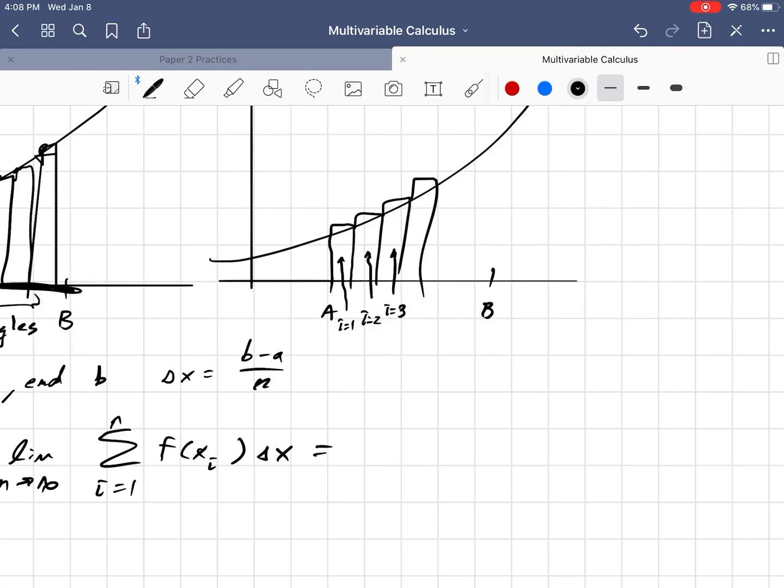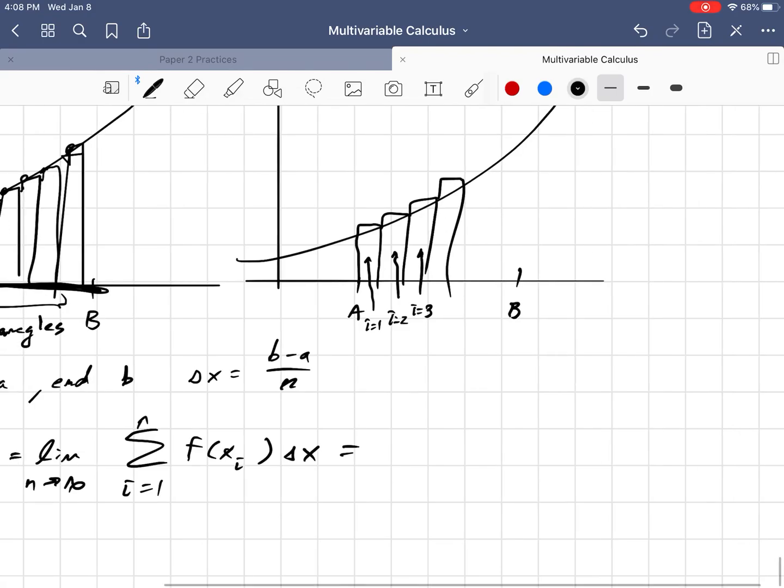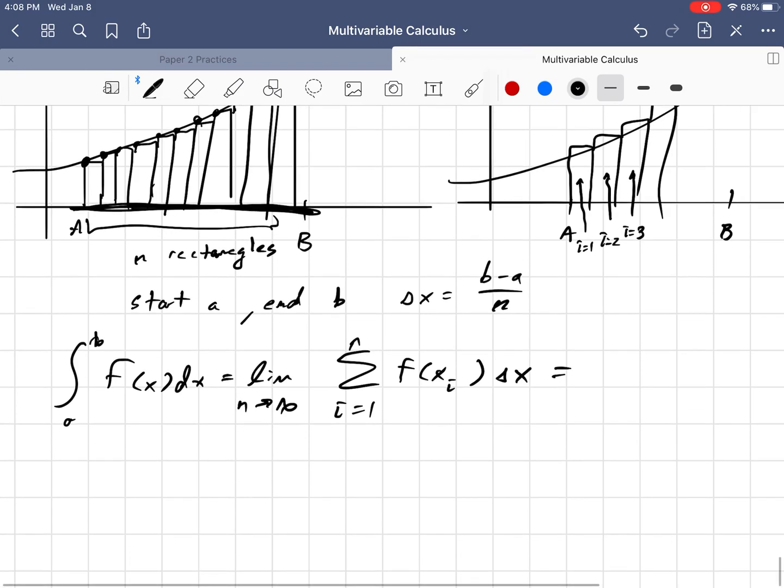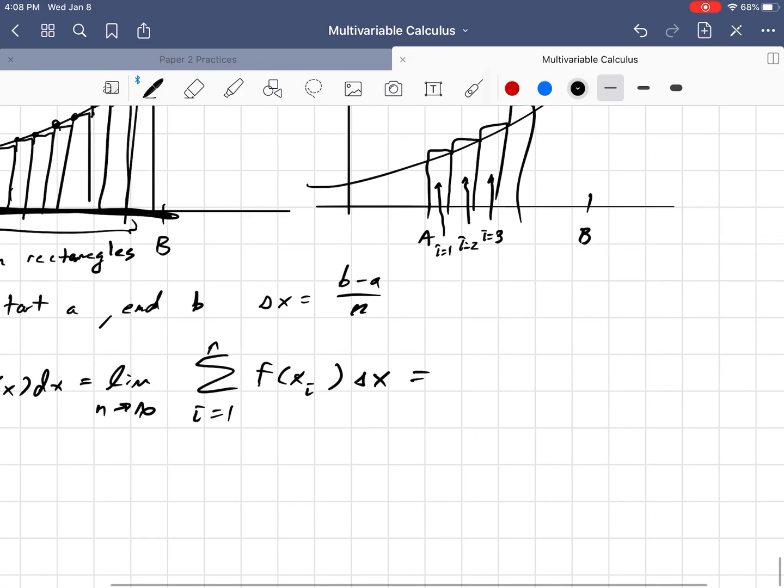So there's a difference between i and n. i tells you the number of the rectangle you're on, n tells you how many rectangles there are in total. So x sub i is the ith rectangle's x value, and x sub i is a plus i delta x. The way I've always thought about this is that it's like an arithmetic series, right?